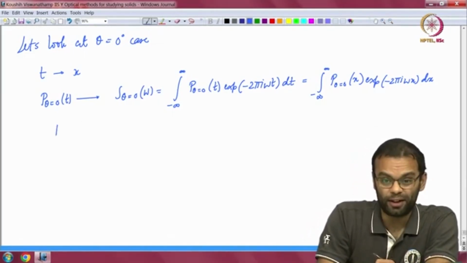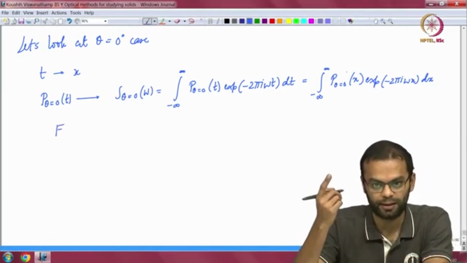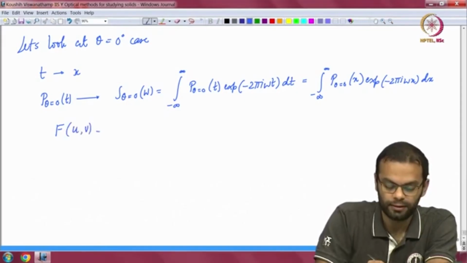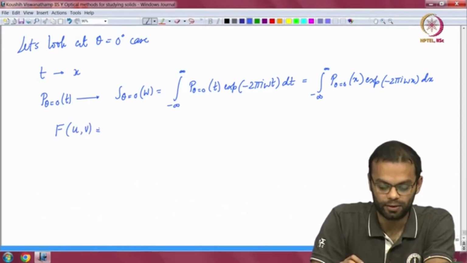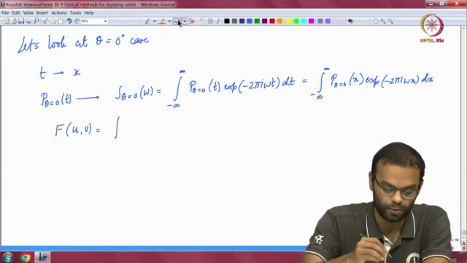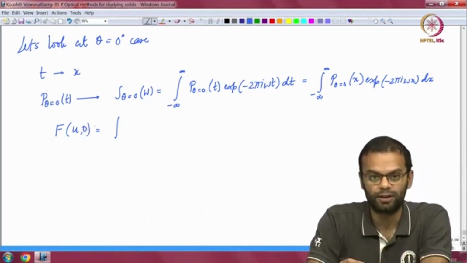Now, what does the 2D Fourier transform look like of the original function, right. p theta is a projection, we are now looking at f. So, f of u v for theta equal to 0, let us take a look at f of u comma 0. Okay. What does this look like?